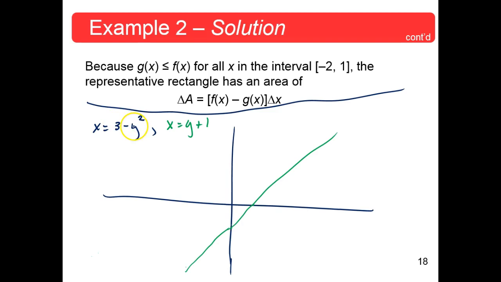The other function, the dark function, is a sideways parabola now. So when y is equal to 0, x is equal to 3. Okay? When y is equal to 1, x is plus or minus 1.